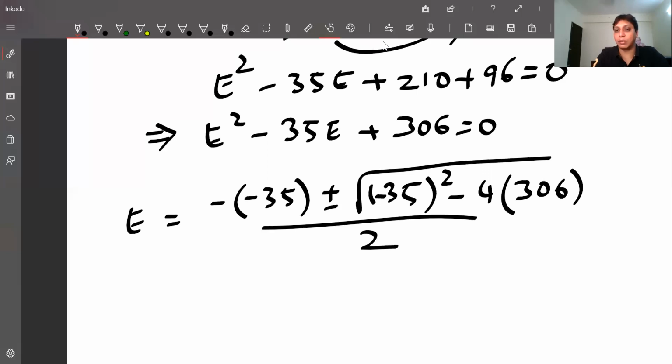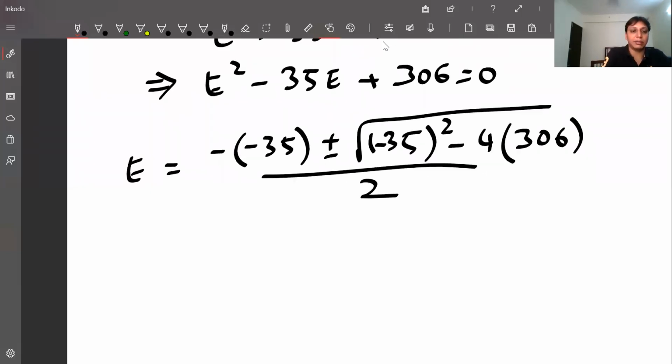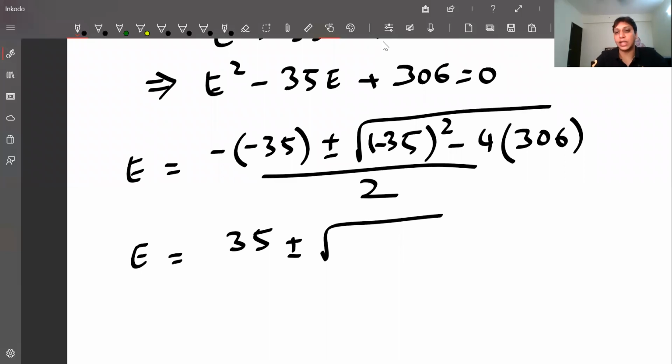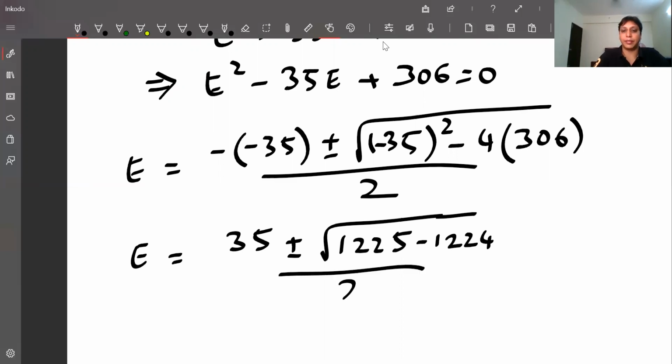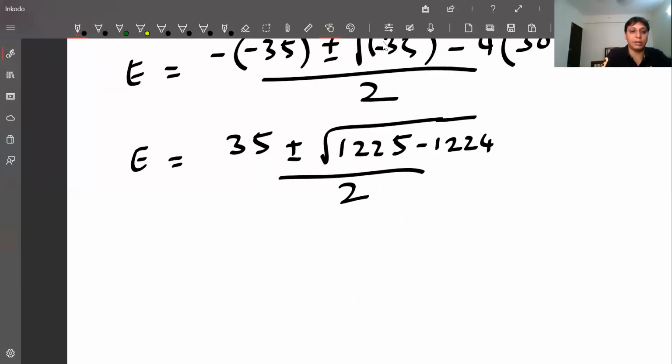Applying the quadratic formula, minus of minus 35 gives plus 35, plus or minus the square root of 35 square, which is 1225, minus 4 into 306, which is 1224. Divided by 2. So the square root is giving us square root of 1, which is 1. So E will be 35 plus or minus 1 by 2.